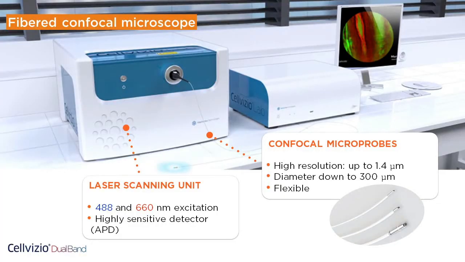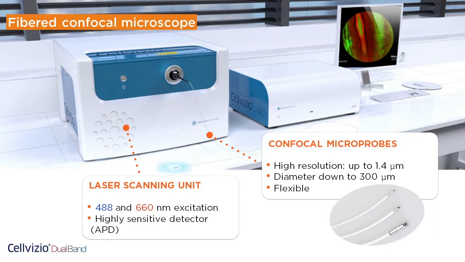So regarding the preclinical instrument, the instrument has two lasers, 488 and 660 nanometers, to excite molecules and to collect simultaneously the fluorescence emitted by these molecules.